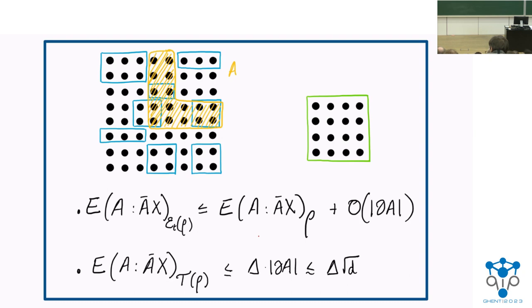You just have to remove this region there. And this is exactly what we do. And it does give us that the relative entropy of entanglement after one step of the circuit is simply lower bounded by what we had before, plus a correction that is proportional to the boundary, because this is the only place where entanglement might have happened.